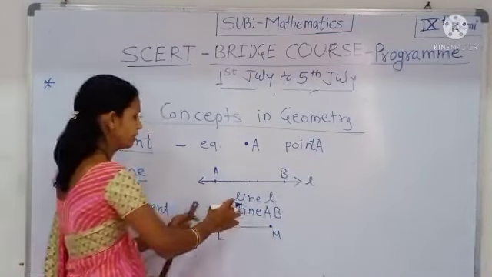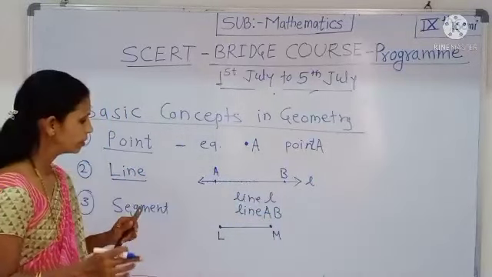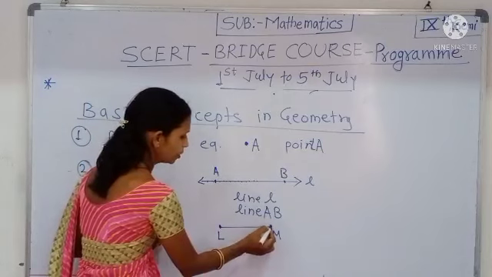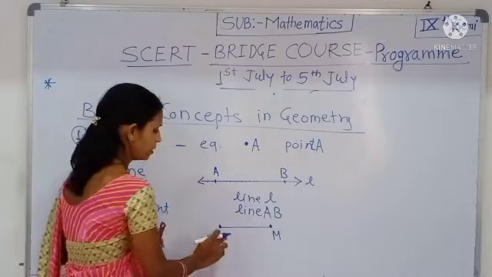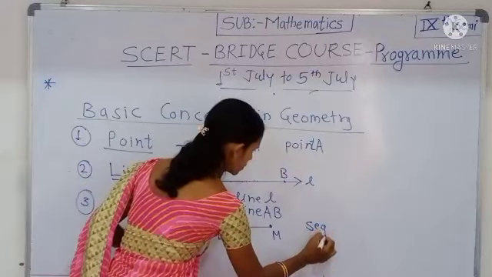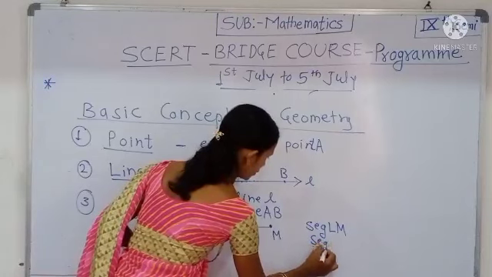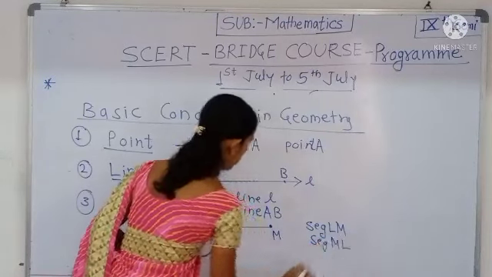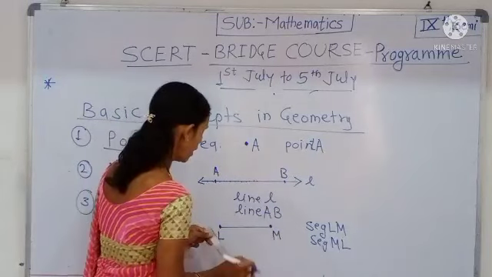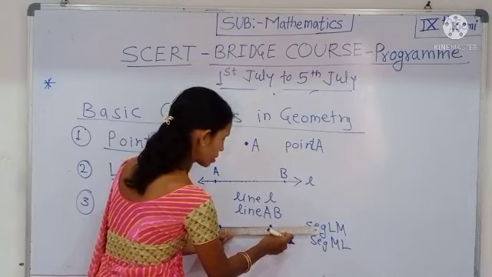That indicates that a segment cannot be increased to infinity. It is limited up to those end points. That means we can denote this as segment LM or segment ML, and we can also measure the length of that segment using a ruler.